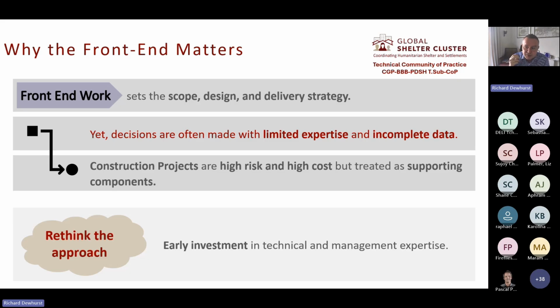And a key issue is that construction projects, despite being high risk and high cost, are often treated as supporting elements of larger programmatic goals, rather than projects that need a focused investment. So this highlights the need to fundamentally rethink the approach and ensure that early investment in technical construction and project management expertise is there to set the project up for success.